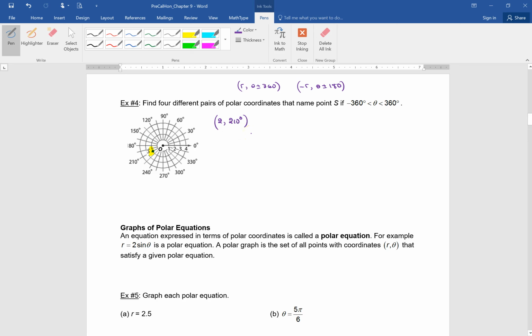I can do that. So I can do 2, comma, 210 minus 360. How much is that? -150. So that's my second one. Now what else can I do? I can do -2, comma, what? 30, because it's 210 minus 180.